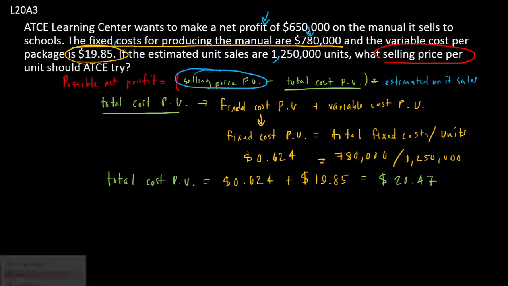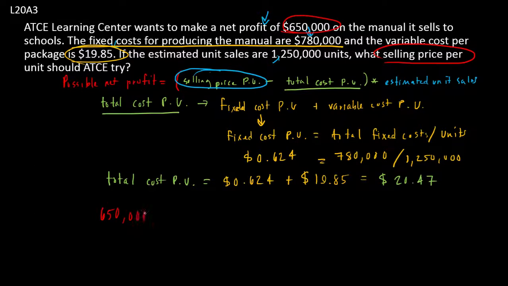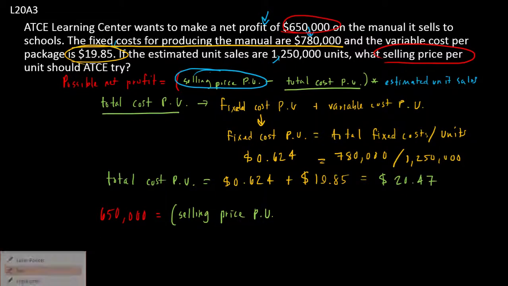Okay, let's go back to our possible net profit equation and plug in what we know. We know that they want to make a net profit of $650,000, so right away I can plug in $650,000 for my possible net profit. That's going to be equal to my selling price per unit, which I'm still searching for, minus my total cost per unit, which I did solve for.